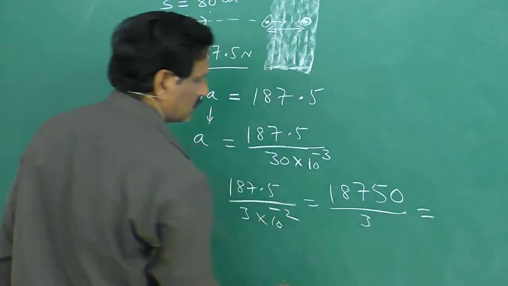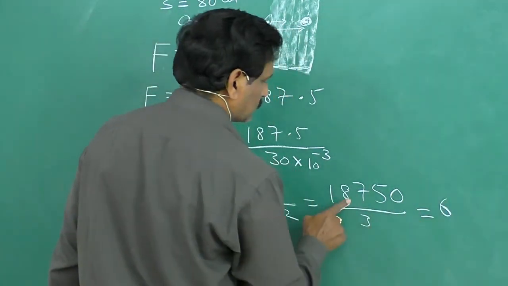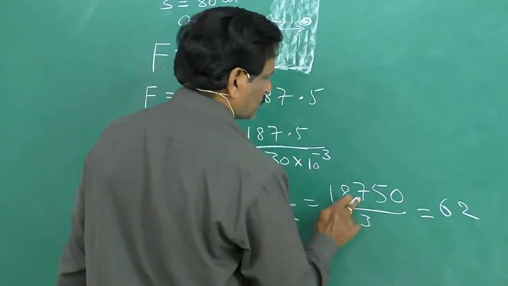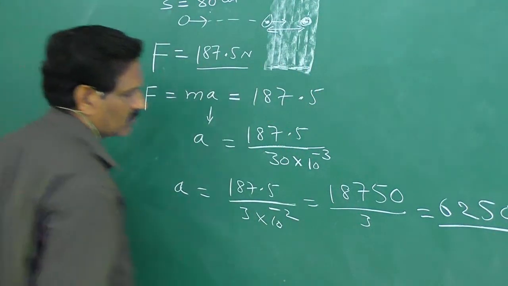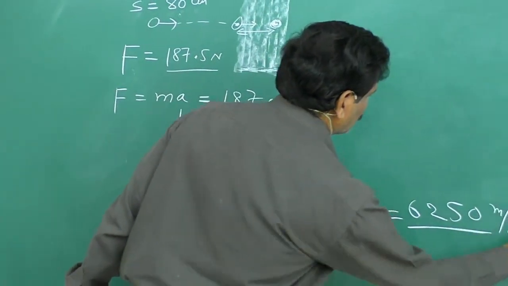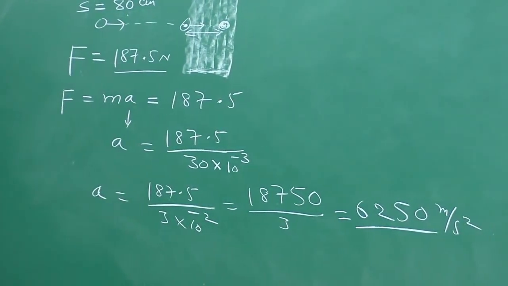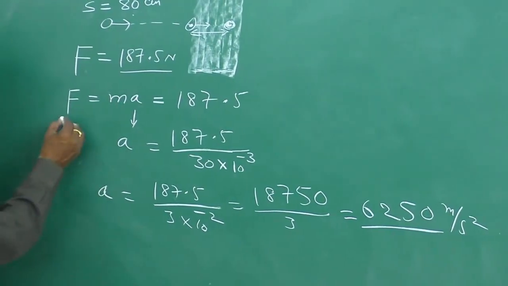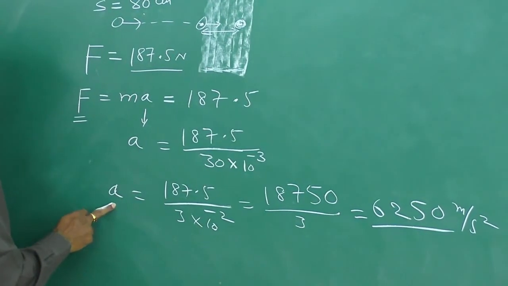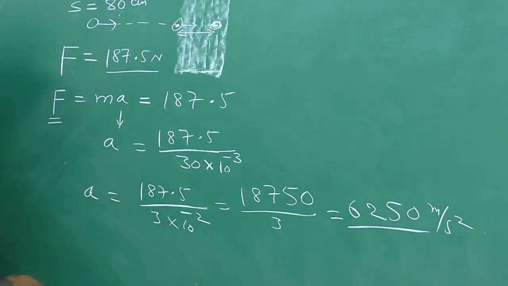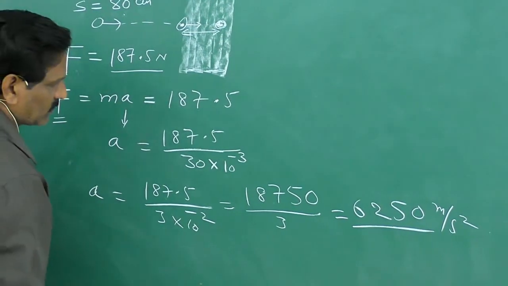So this is equal to 6250 meter per second square. This is the retardation produced because this is the retarding force, the opposing force. Then we get retardation, negative acceleration. Retardation A is 6250 meter per second square.